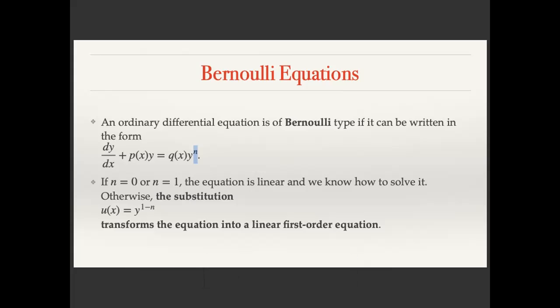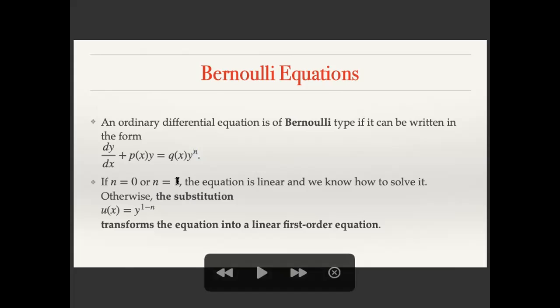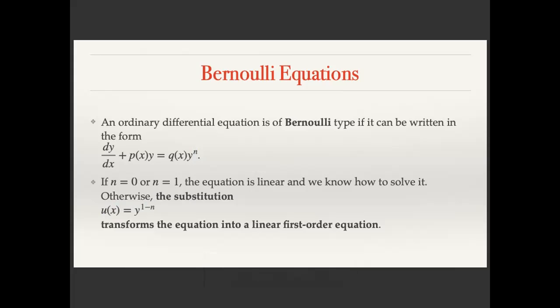And the equation is also separable, but it is also linear. And it is also of Bernoulli type. But if n is equal to 0 or n is equal to 1, then we should not use the substitution that's written here. In that case, we should use the other methods that we have already learned about separable equations or about linear equations.